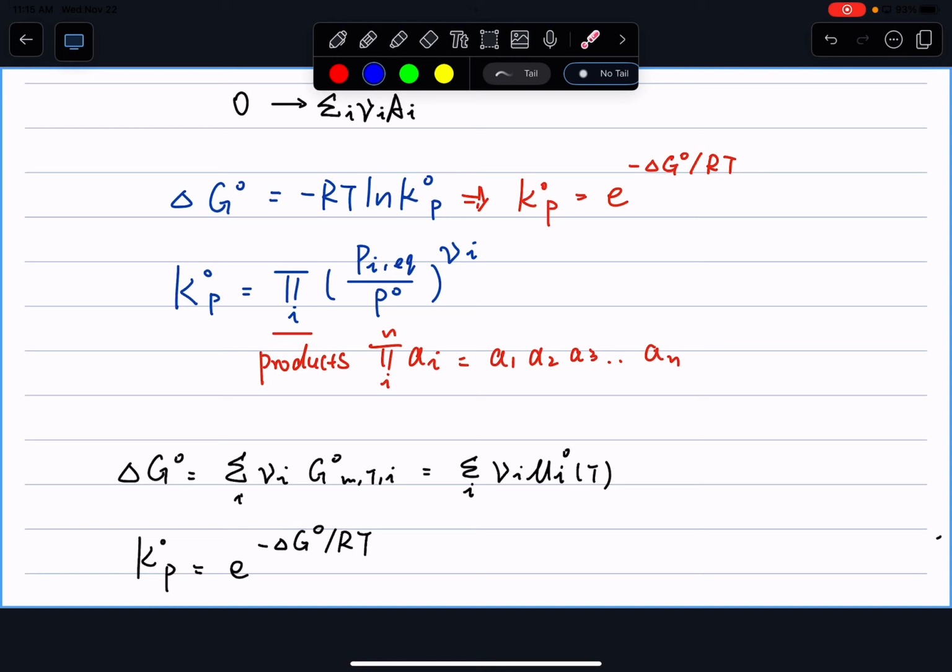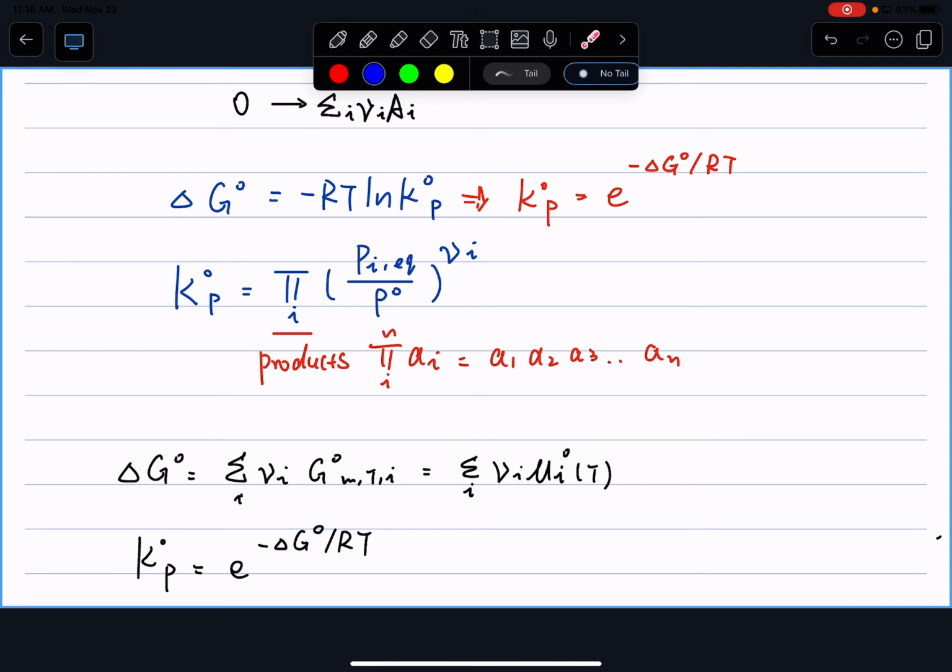In this case, if you think about the dimension of your equilibrium constant, it is always a dimensionless property, because the partial pressure and the standard pressure P naught will always have the same unit, and their units will cancel out. So your equilibrium constant is always a unitless property.